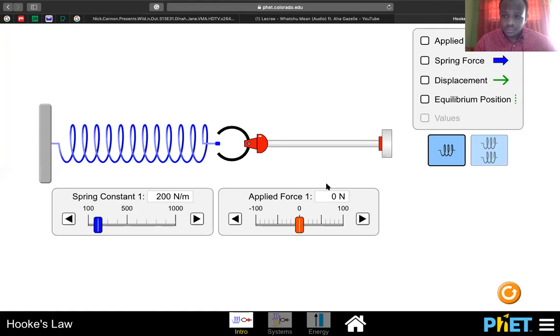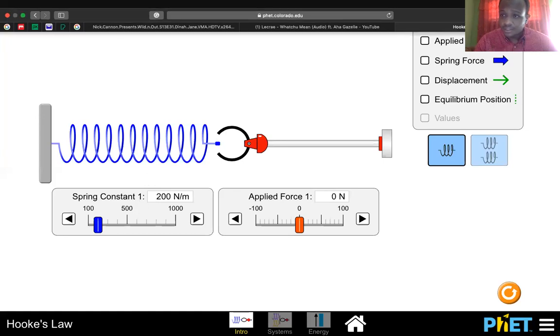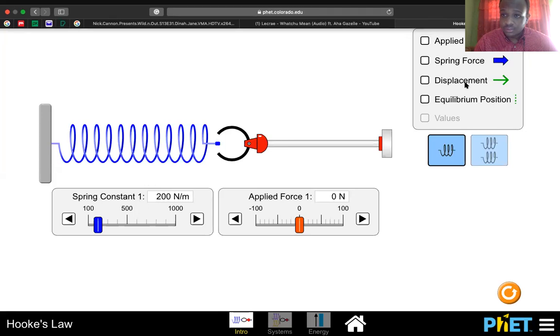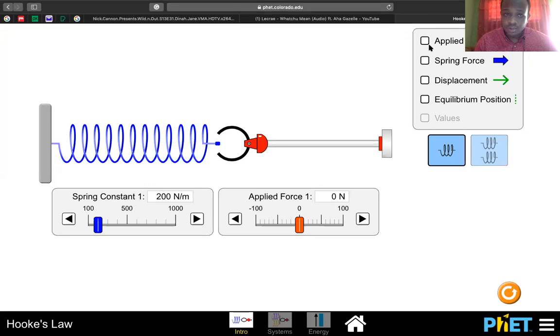All right, so we have our spring here, and we have our displacement. This is the original position of the spring, and let's say we apply a force.